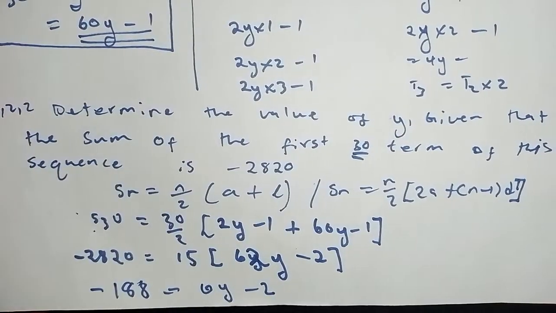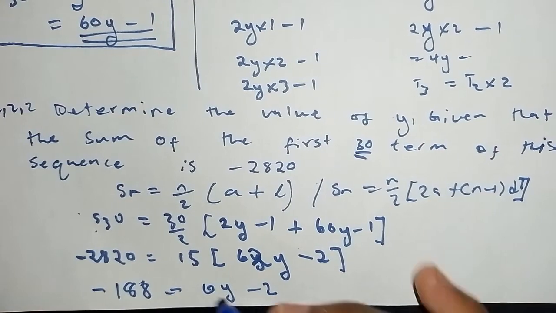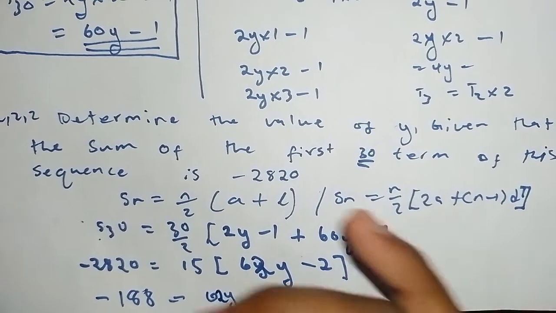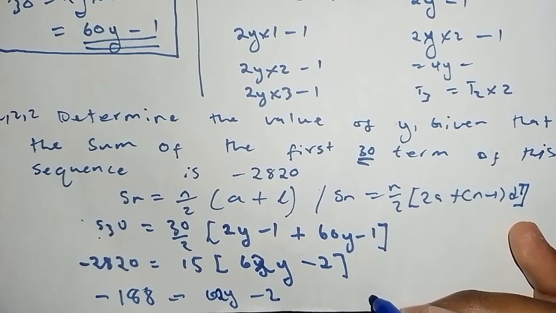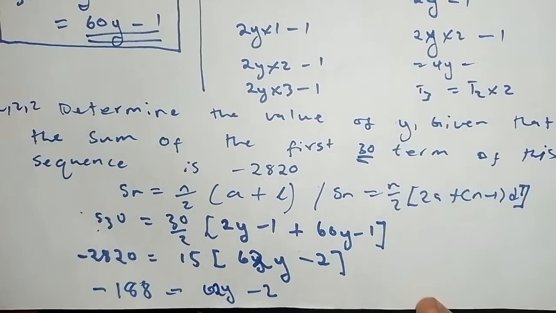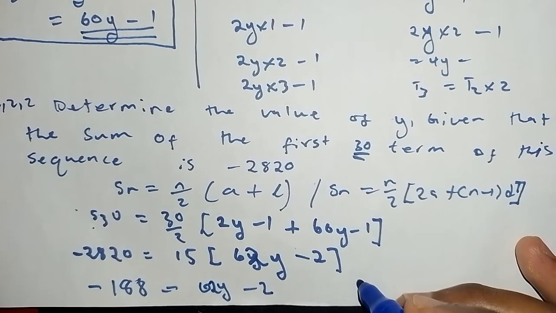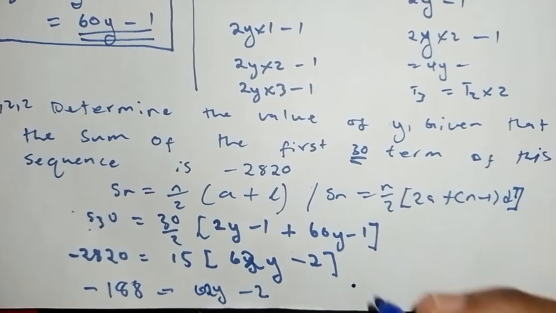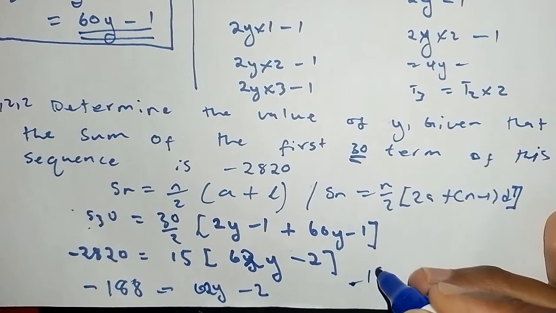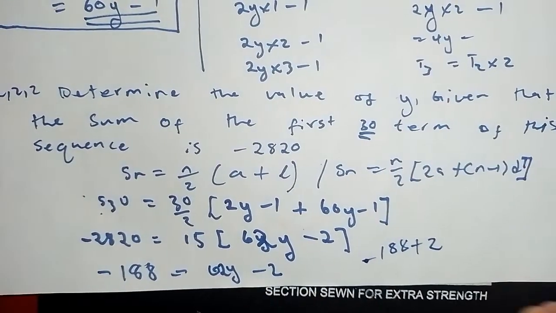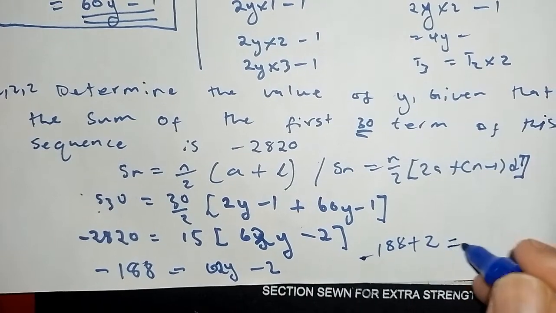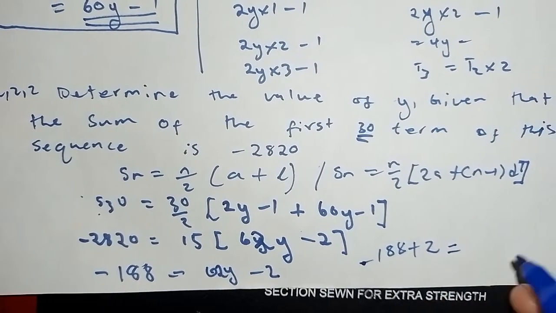You see? Okay, now I can just take this to the other side, and then I have negative 188 plus 2. 188 plus 2 will give me 62.